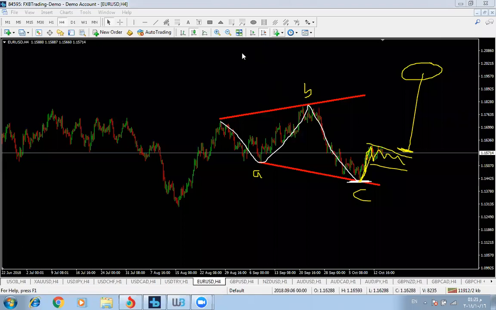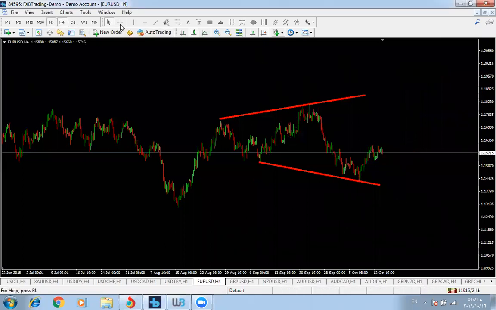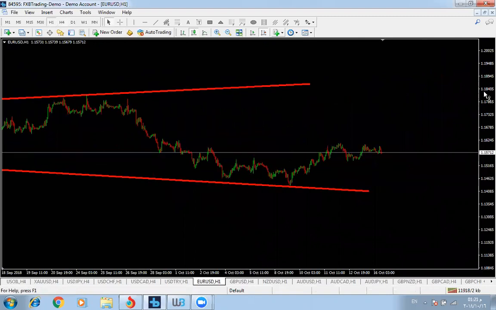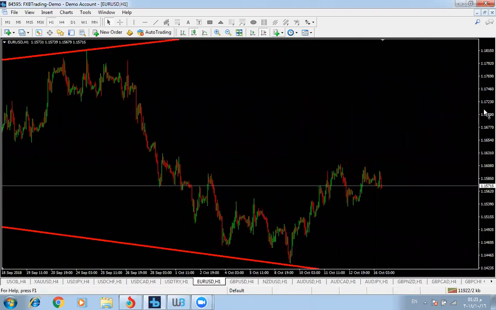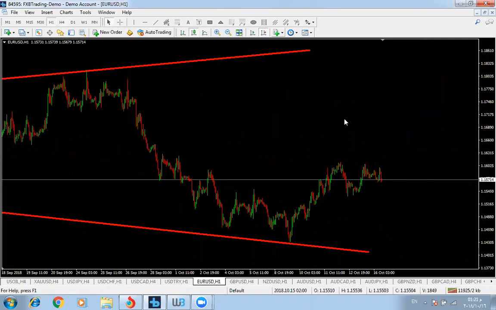So let me show you the lower time frame, the 1 hour time frame. I have shown you the 4 hour time frame is like this. This is the impulse which I have considered strong enough to change the direction.